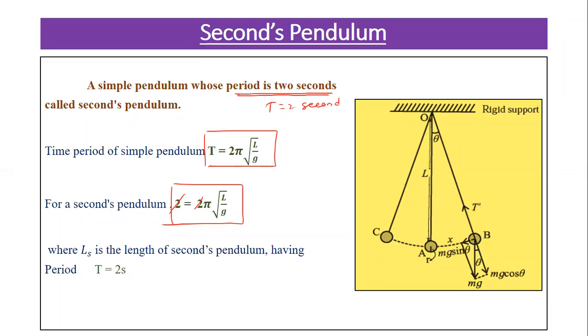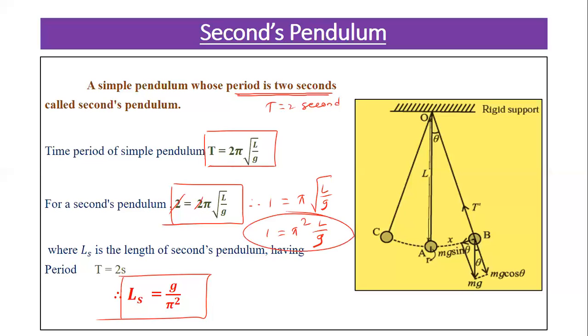If we obtain the formula for L, the length, then how much length do we get? After cancelling 2, we get 1 is equal to π under root L by g. Squaring both sides, we get 1 is equal to π squared L by g. So by using that, we write L is equal to g upon π squared.